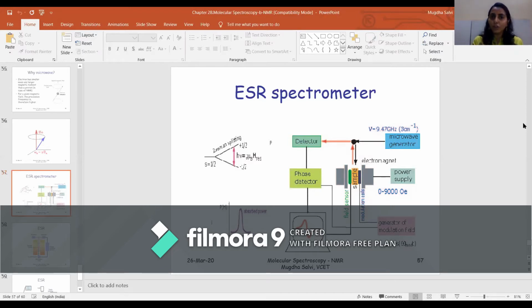In the case of a nucleus, the resonance condition occurs when you apply a radio frequency signal, because the energy required to resonate a nucleus is in the range of radio frequency. Whereas for an electron, the energy will be in the range of microwaves, that is in gigahertz. That is the basic difference between NMR and ESR.